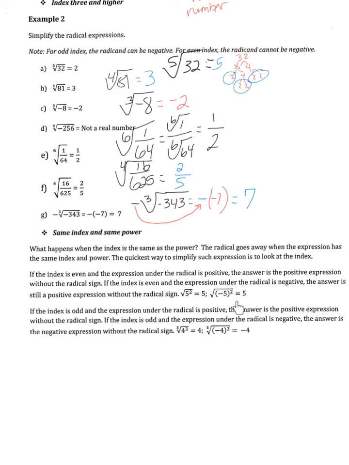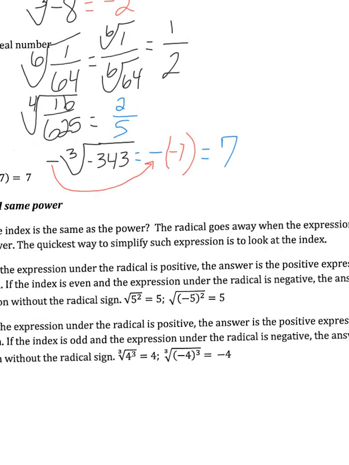So if you look at this example here, you have the square root of 5 squared is equal to 5. Why is that? If you think about this, underneath this radical, 5 squared is 25. The square root of 25 is 5. This exponent 2 and this radical cancel each other, and they will, as long as the index, which here is implied to be 2, and the exponent are the same.